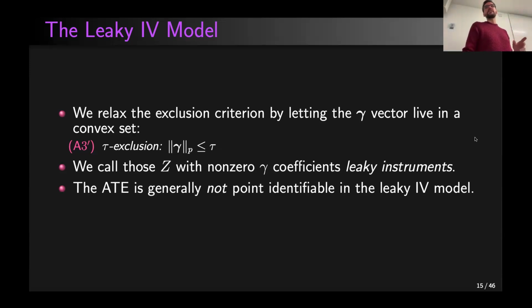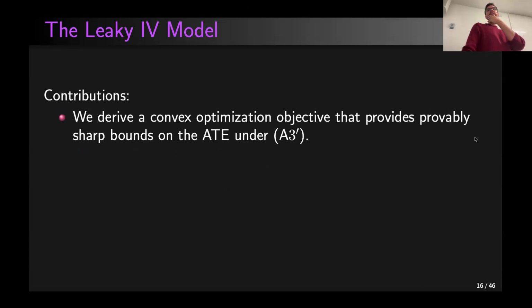So that's what you lose by relaxing this assumption. But that doesn't mean we can say nothing about theta. We show that you can derive a convex optimization objective that provably provides sharp bounds on the ATE. That is to say min-max values that are guaranteed to contain the ATE and that could not be tighter under this tau exclusion assumption that we introduce.